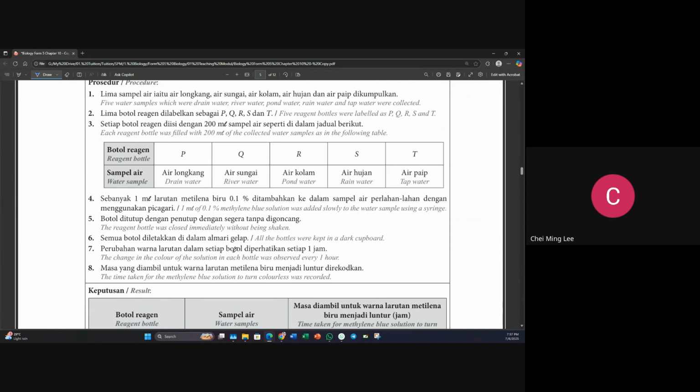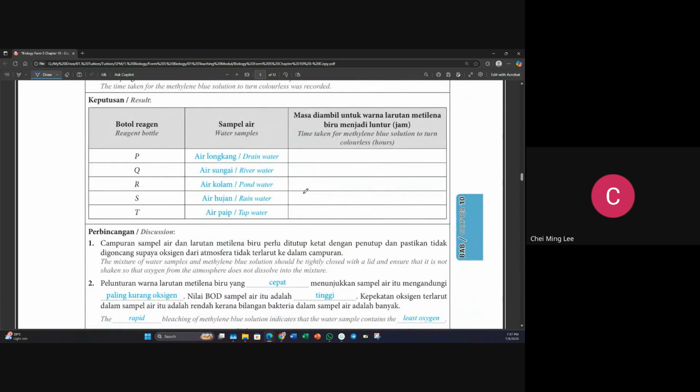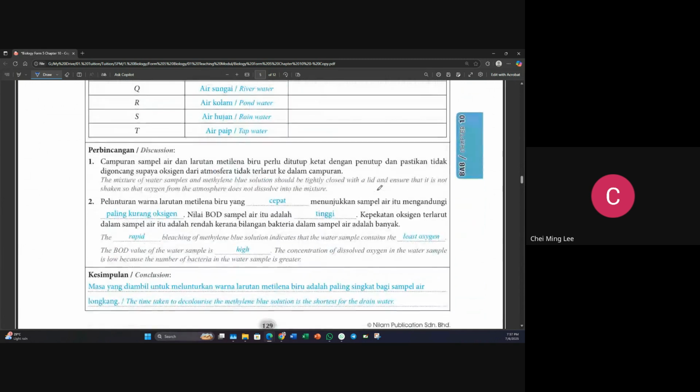The change in color of the solution in each bottle is observed every 1 hour. Then the time taken to turn colorless is recorded. So the mixture of water sample and methylene blue solution should be tightly closed, to ensure oxygen from the atmosphere does not dissolve in the mixture.